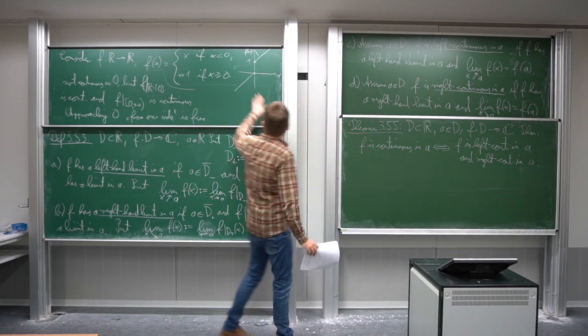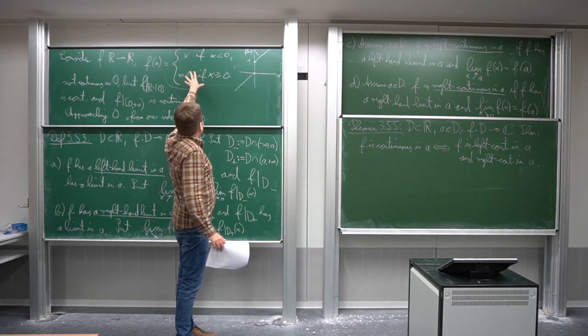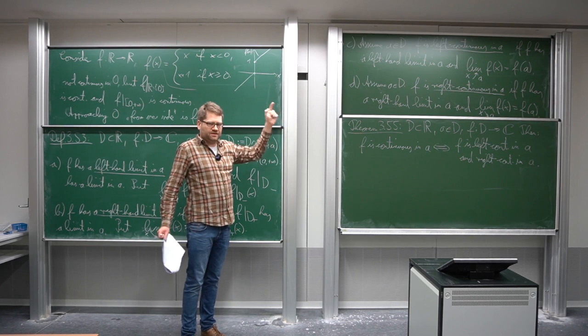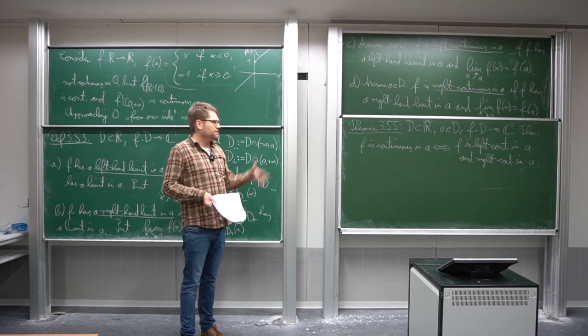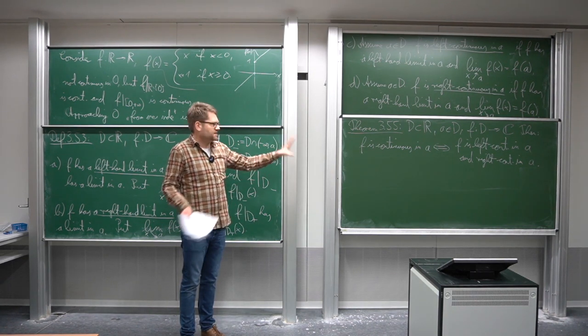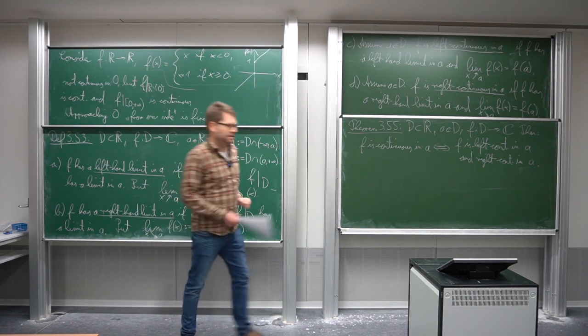If we have totally different things on different intervals, we just need to check what happens at the ends of the intervals and see if the limits coincide, and then we can conclude that the function itself is continuous. So this is the way this theorem is mostly used.